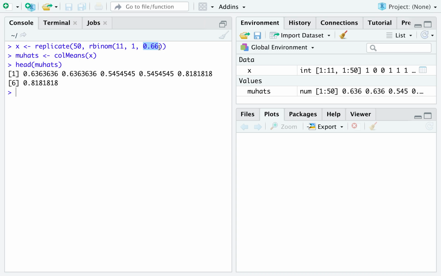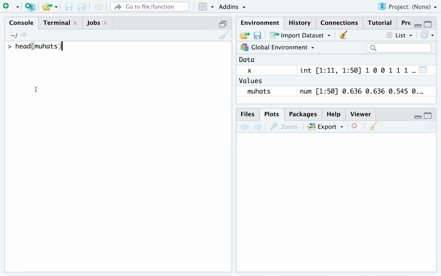Notice if we changed that population parameter, our sample means would change because they'd be estimating a different population parameter. In the end, we would get a different collection of mu hats and then get a different sampling distribution.